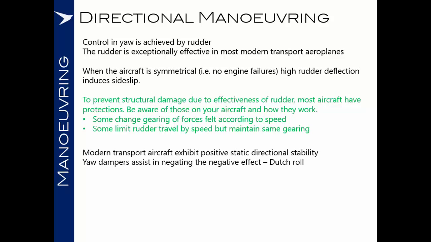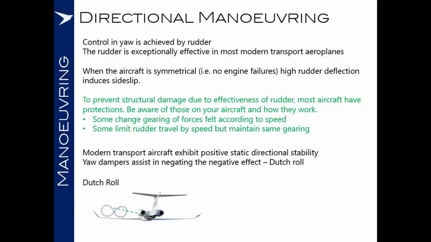Modern transport aircraft will exhibit positive static directional stability, but this comes with its own risk of Dutch roll, and so we have yaw dampers to assist with negating this negative effect. Dutch roll, for the avoidance of doubt, is where the nose of the aircraft will end up tracking through a profile that looks something like an infinity sign or a number 8 lying on its side.